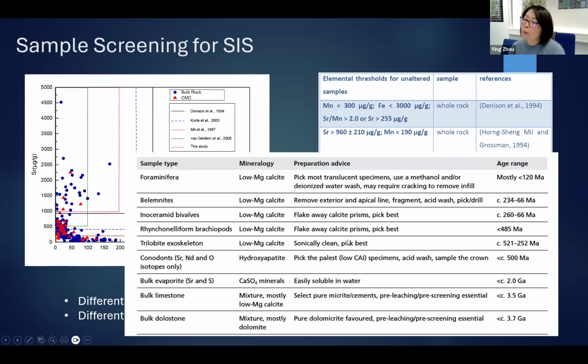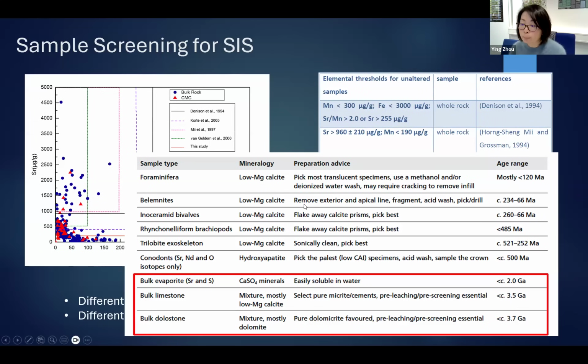I want to remind you that the available samples for most of the Earth's history are bulk samples, including different types: dolomitic, argillaceous, pure limestone, all sorts, and biogenic ones.